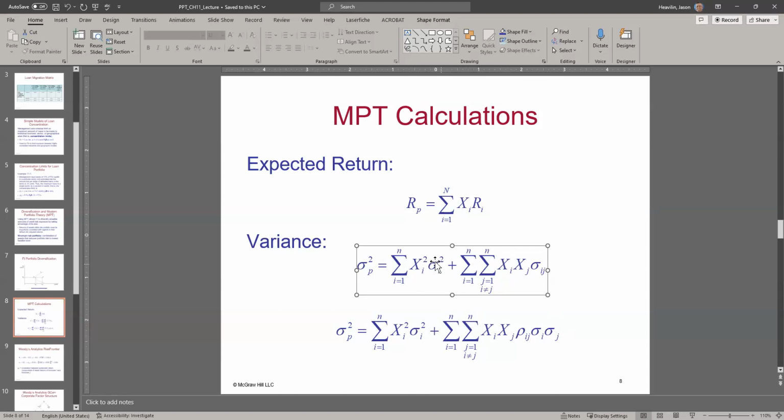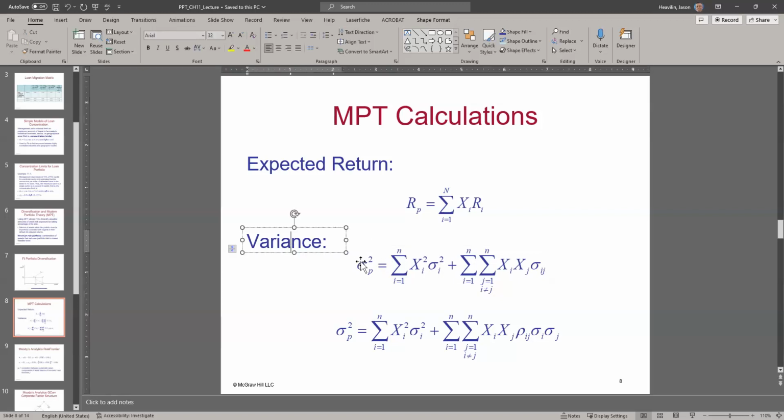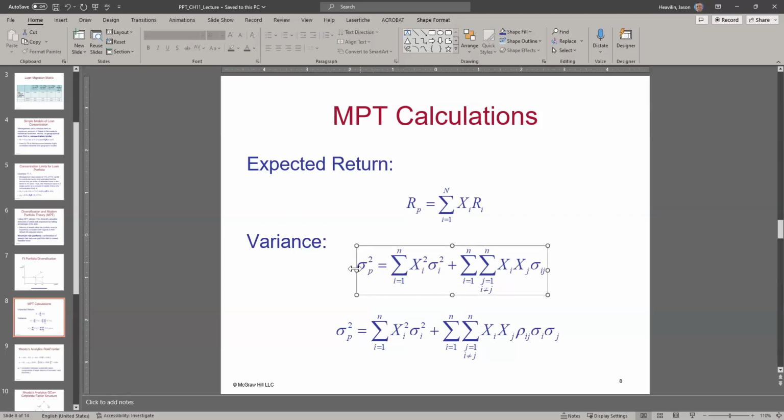When the sigma has a square or 2 in the exponent, so squared, that means we're talking about variance. That's why you see the variance of the portfolio here, which is what we're calculating. So sigma squared is the variance of the portfolio. Here is just representing the variance of each one of the assets in the portfolio.